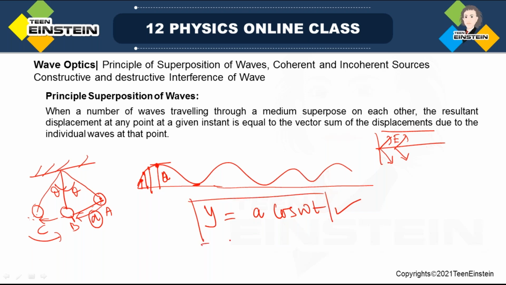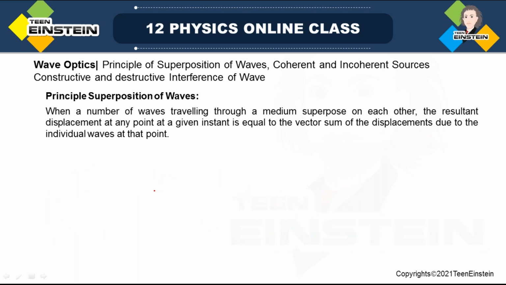I mean to say this is the expression for the displacement of the particle which is in motion when a wave passes through that particular medium. Now suppose, according to the superposition principle, you have more than one wave, and this is a point where they are meeting.